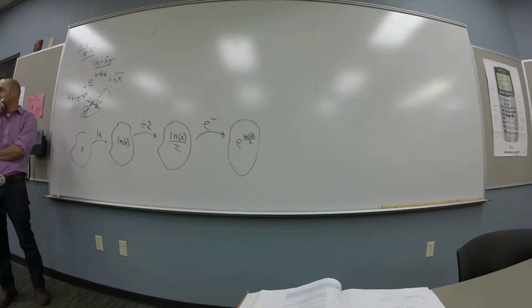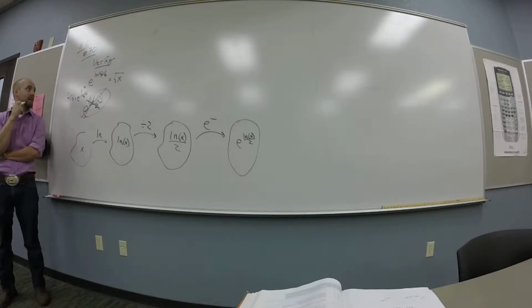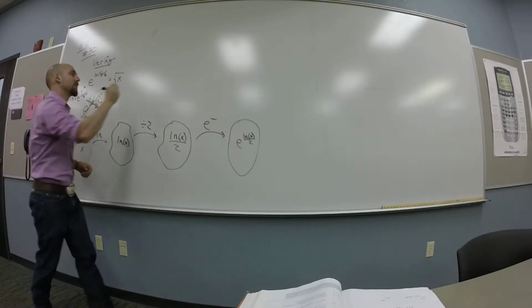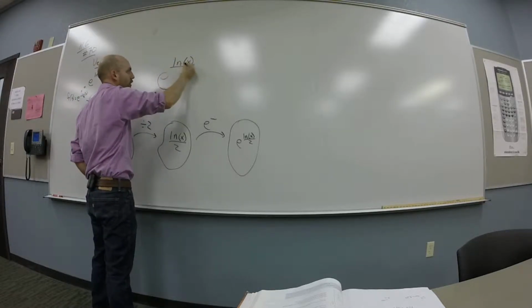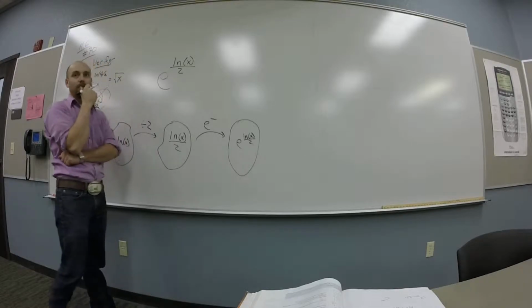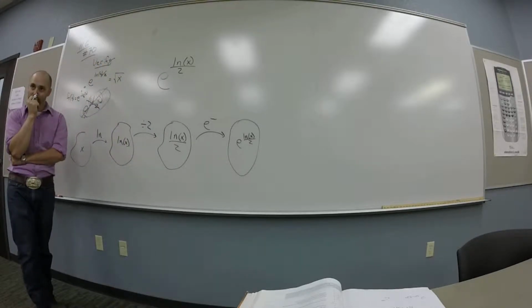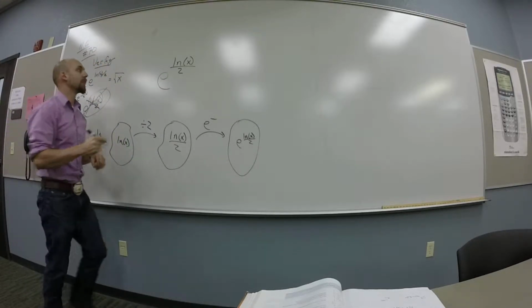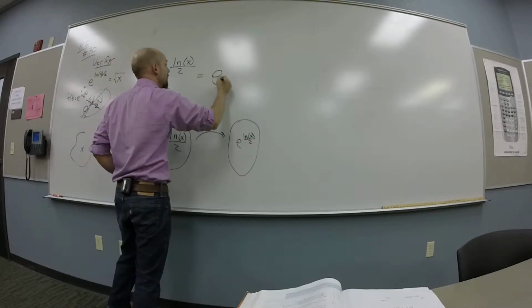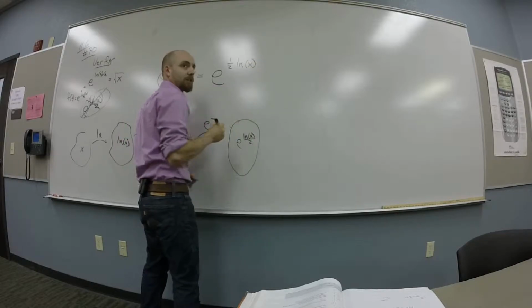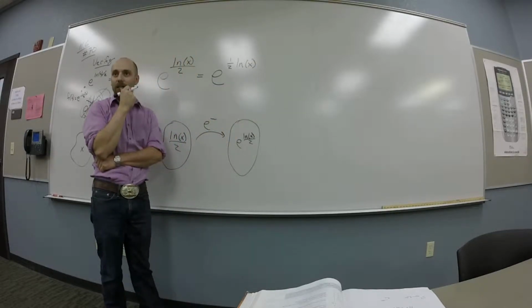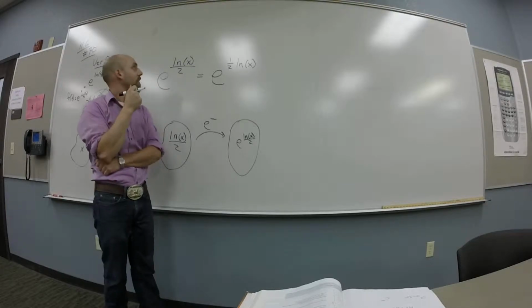So instead, I should look at this thing, my e to the ln of x over 2. We should make the other side x to the power 1/2. So I'd like to say, okay, this is e to the 1/2 times log of x, right? And then what? The other side, the x.